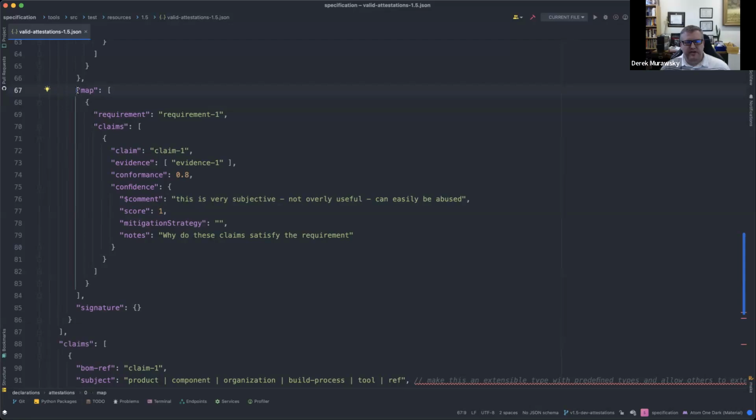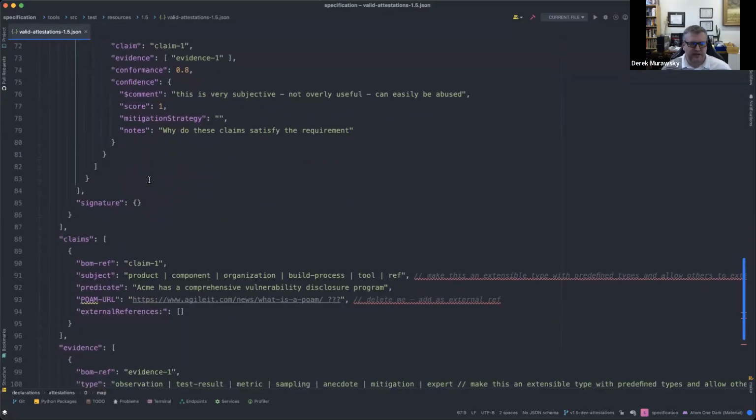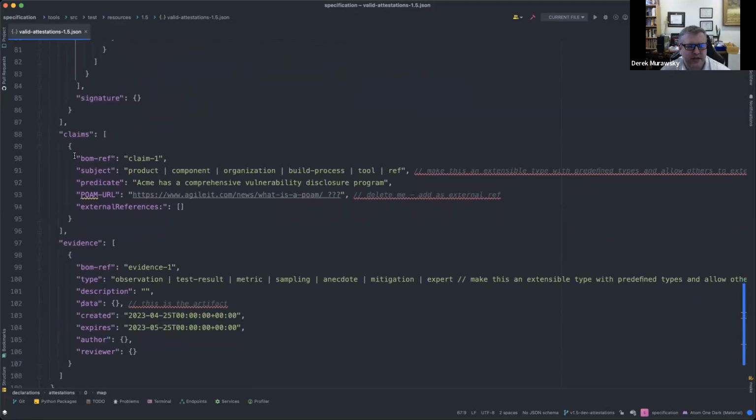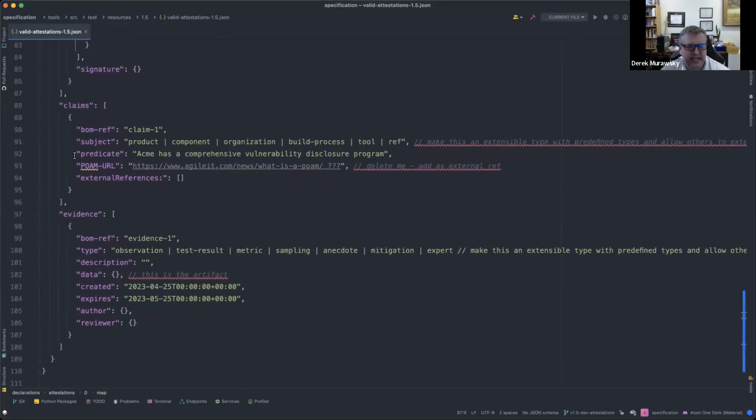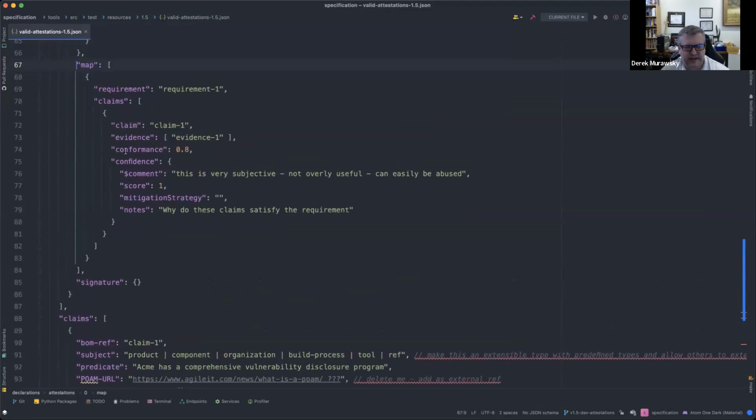And then we had talked about claims. Can you scroll down a little bit? It was something around the confidence scores, where those would be appropriate, whether it was in the claim or in the other, or maybe we needed it in both. And then we refactored some of the external references out. I don't remember where we were going from there. That was the stuff we were looking at last time.